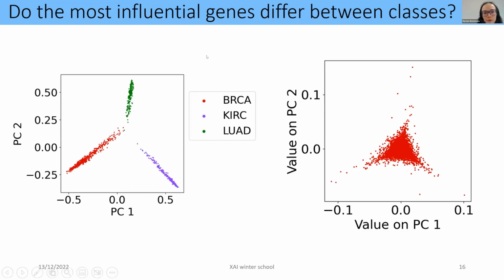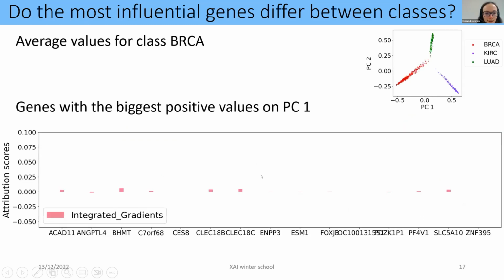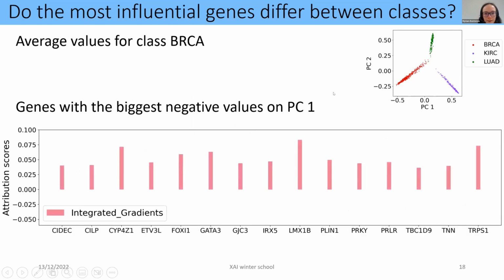I did the experiments with the BRCA class, which is this one. If we look at the genes with the biggest positive values on the first principal component, we see that the attribution scores are really small. This is this part of the image. If we look at the ones with the biggest negative values, they are quite high.